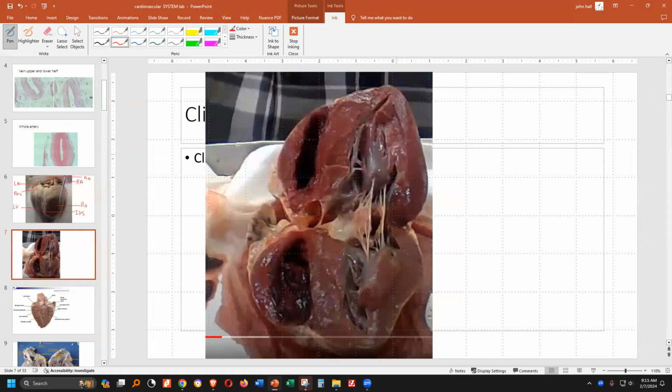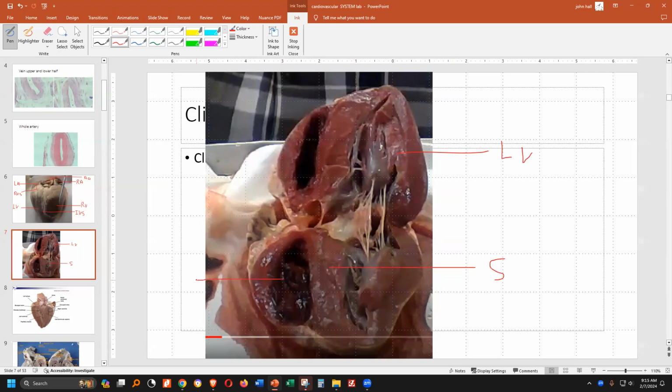So we can see here now, this is the left ventricle. The way the heart is cut, you can see it's cut from the apex up to the base and opened up like a clamshell, right? So left ventricle, this is the septum of the heart. This is the ventricular septum.